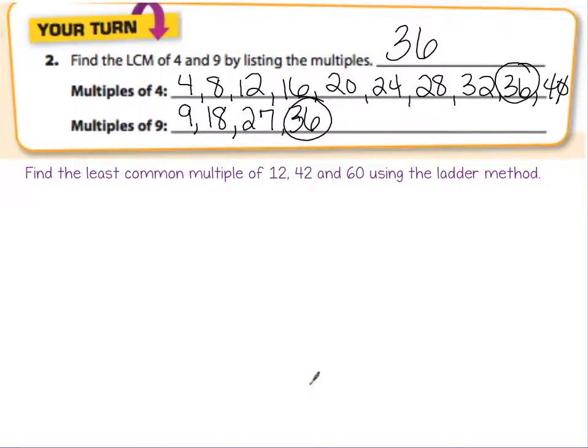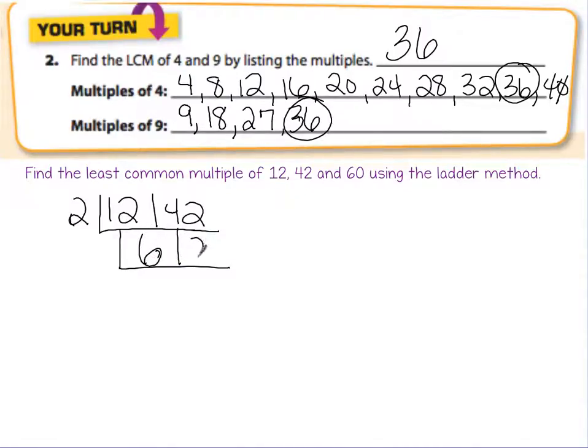When you're using the ladder method, it's the same idea as the common factor, except you're only going to do 2 numbers at a time. You can use any number on the outside to divide. So in this case, I am just going to do 2. They're both even, so I know they can both be divided by 2, and I get 6 and 21.